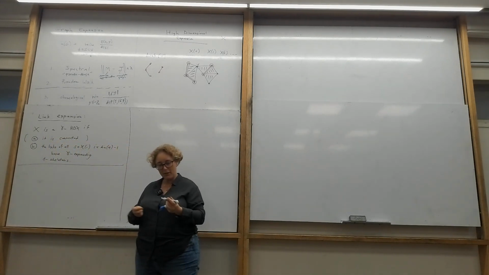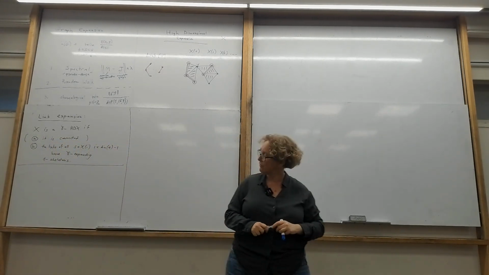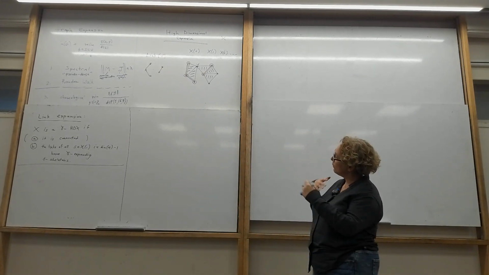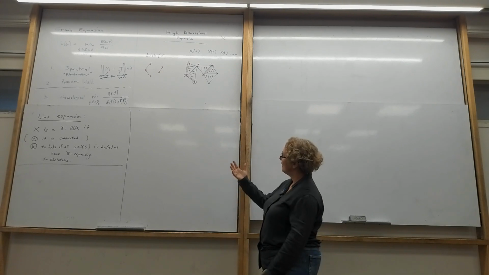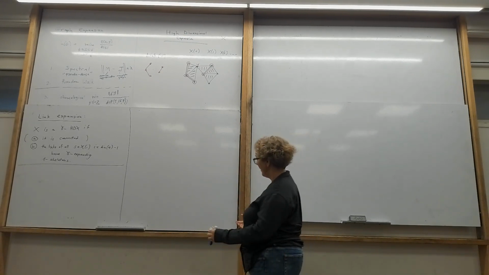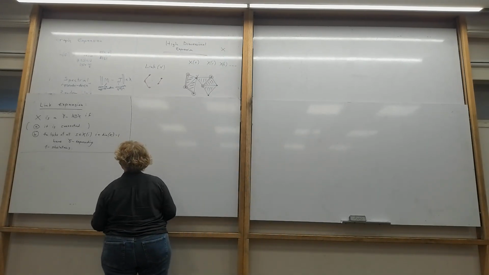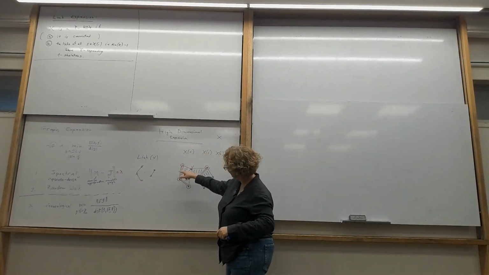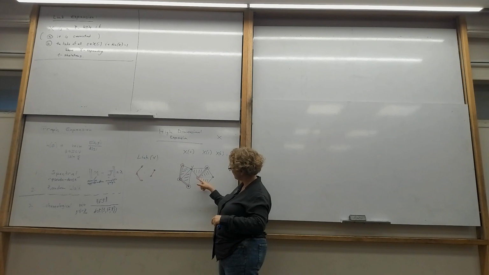And we saw that if you play around with it and you try to draw for yourself a complex like I just did on the board, and you hope to make it an HDX, then you will soon make it very dense. So if I try to make the link of V an HDX, I would need to add a triangle either connecting, for example, these two vertices, or maybe connecting these two vertices.